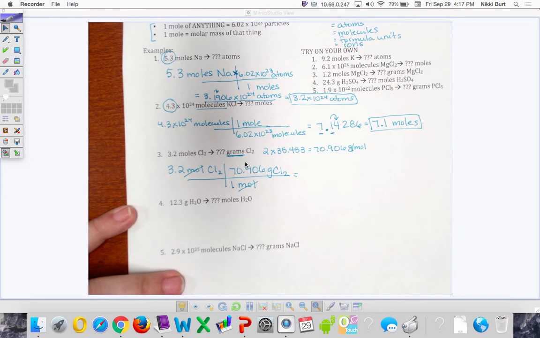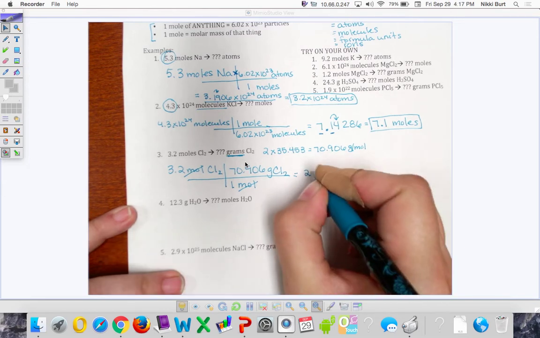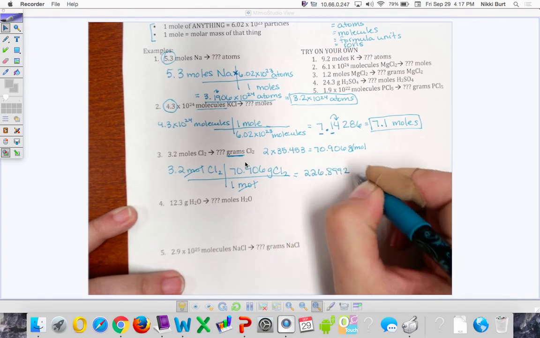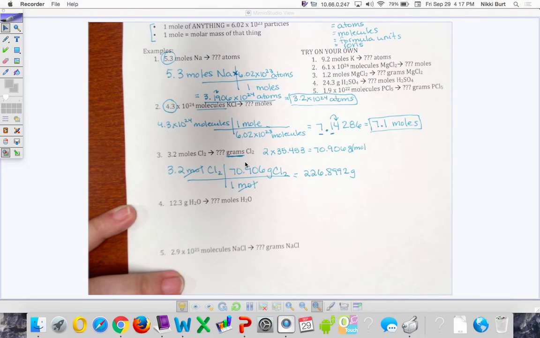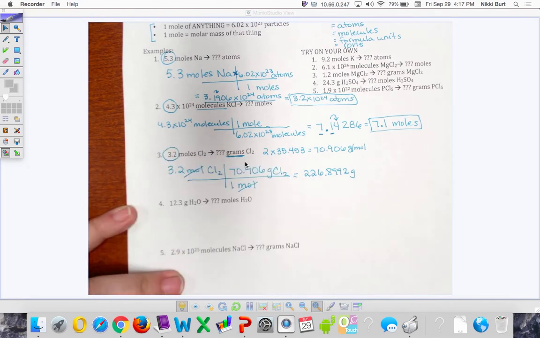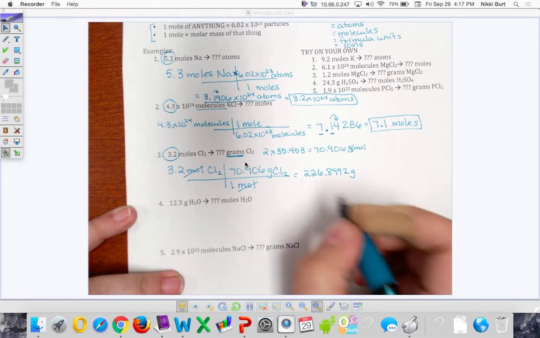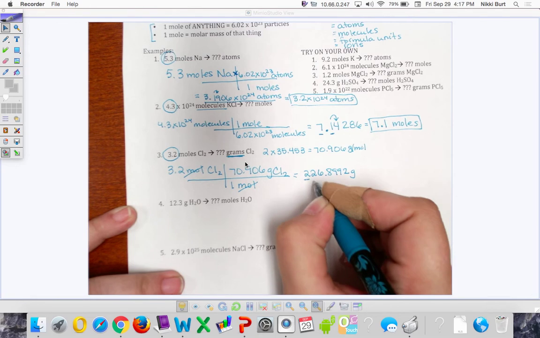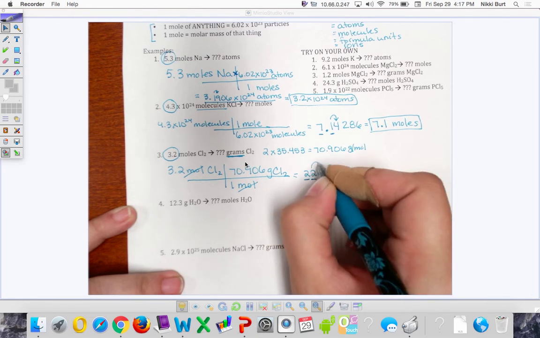So multiply that out times 3.2 gives us 226.8992 grams. Looking to our sig figs, again the original number has 2 sig figs, so this answer needs to round to 2 sig figs.